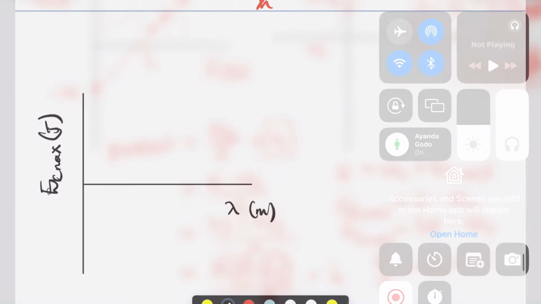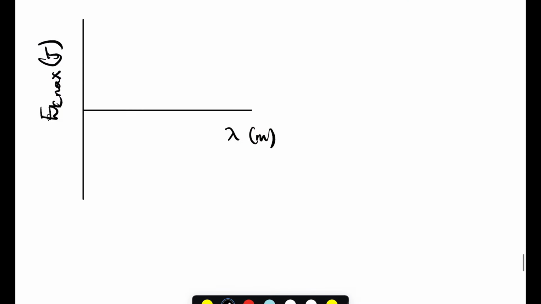Another graph: it's the kinetic energy and the wavelength. They are inversely proportional.